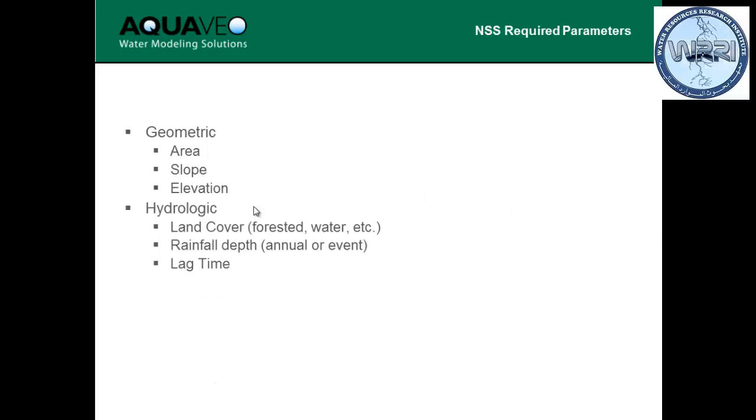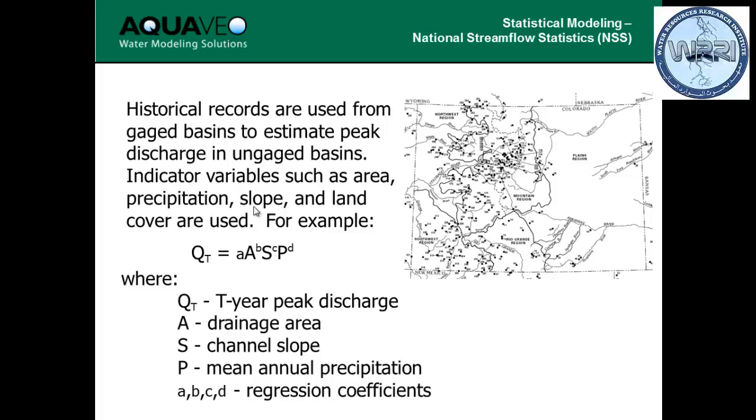There are statistical models, and the U.S. has statistical models for each state, and they've compiled years of data and figured out how to compute the flow rate for any watershed in the United States using all this historical data.